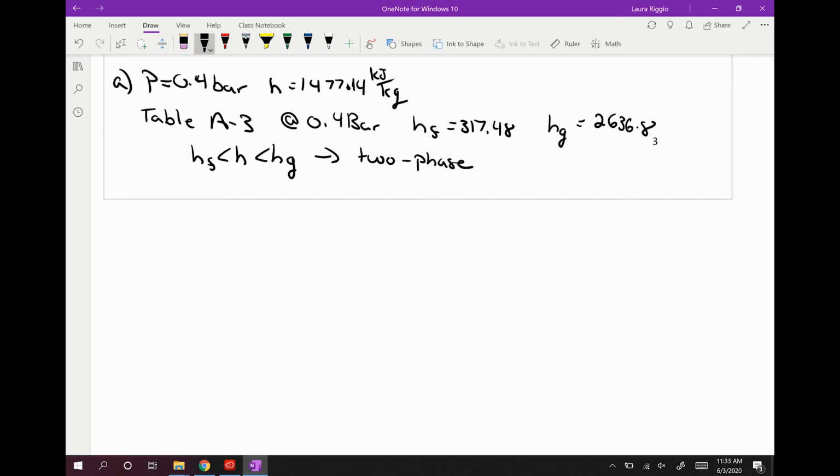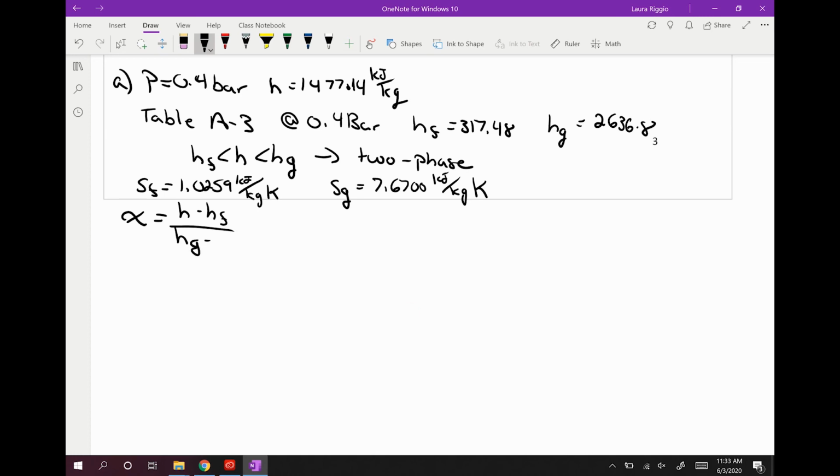So in order to calculate the entropy, I'm going to need my saturated liquid specific entropy. I'm also going to need my saturated vapor specific entropy. And I'm going to need my quality. I'm going to determine my quality from my given enthalpy.